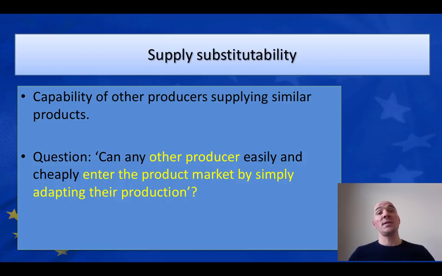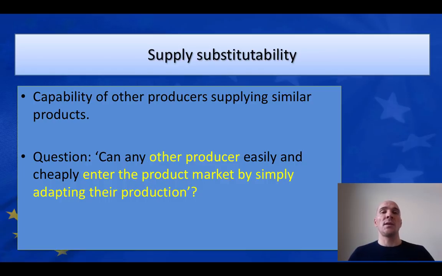If the answer to that is yes, then they are included in the same market. Or if we stick to the bananas, how easy is it for farmers that produce apples to change to bananas? If it's easy for them to just plant banana trees, then they would also be part of the supply market.